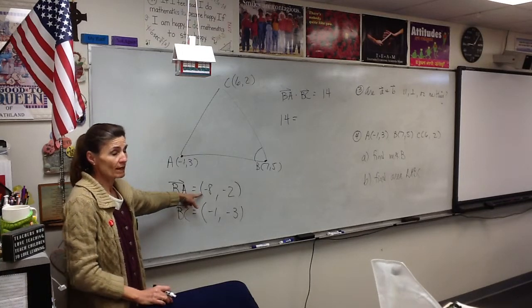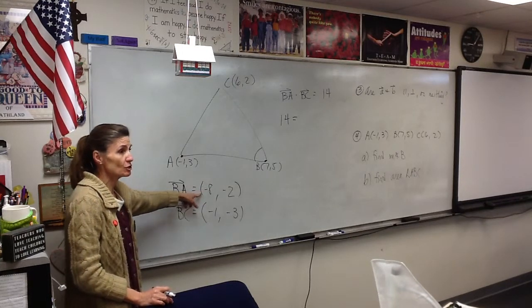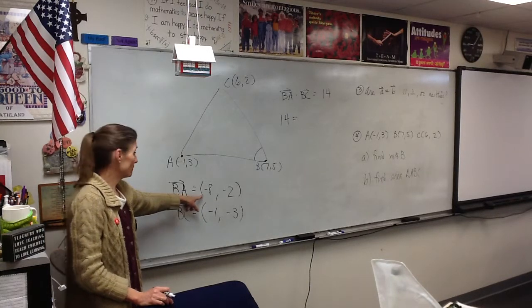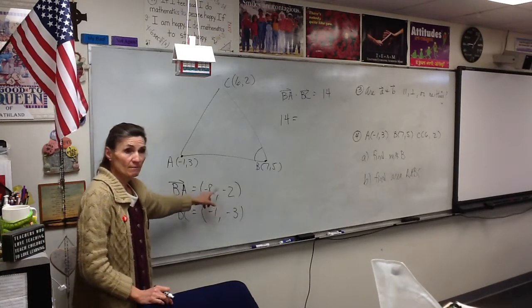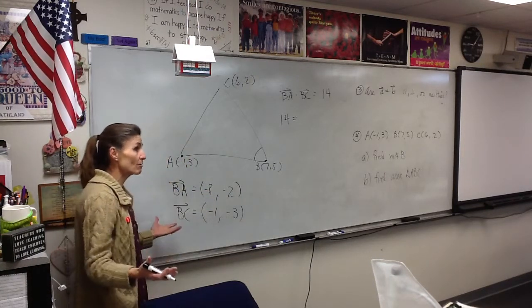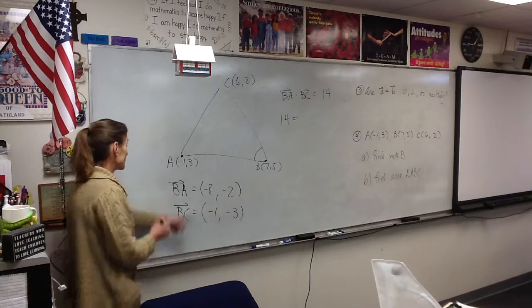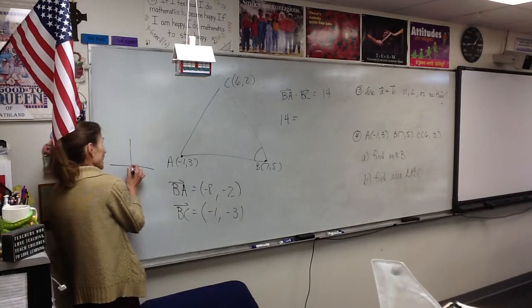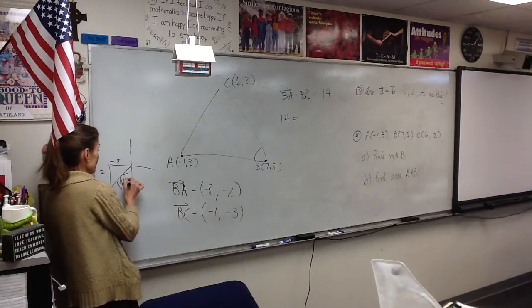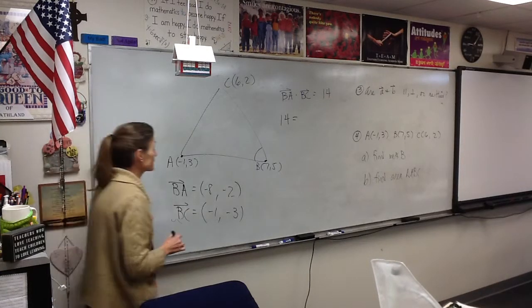magnitude of the first vector. Okay, what's the magnitude of this vector? The square root of 68. To find magnitude, square, add them up, take the square root. It's the Pythagorean theorem. This vector goes left 8 and down 2. So its length would be 64 plus 4, right? The square root of 68.